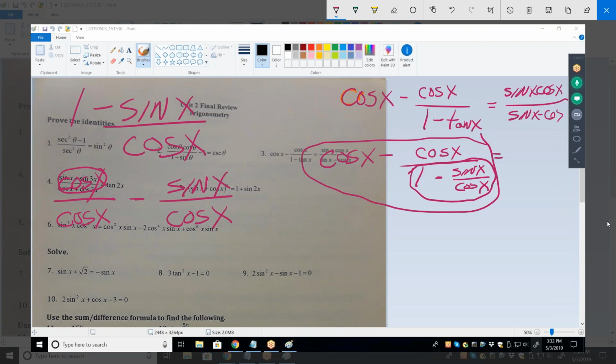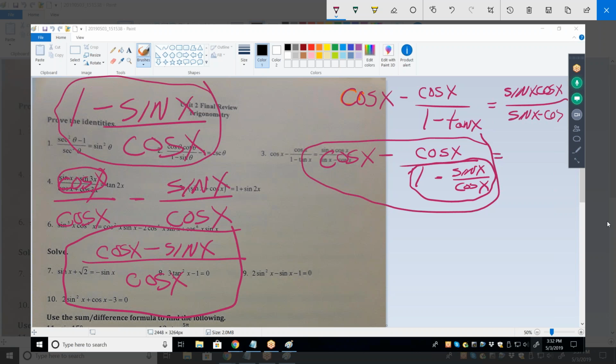So that cosine x goes there. Now, my whole goal here is to transform that without changing it. So far, I have not changed it. It's exactly the same. The only thing is I can now subtract those two fractions because I have a common denominator. So that whole thing goes over cosine x, and then the numerator is cosine x minus sine x.